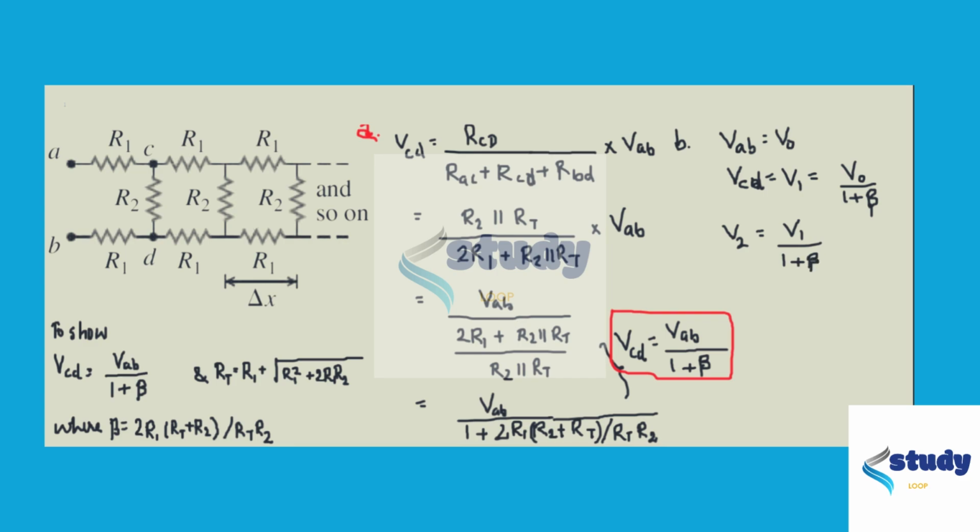V1 is again V naught upon 1 plus beta, so V2 is V naught upon 1 plus beta power 2. Look here: the subscript and the power of 1 plus beta match. So if you carry on, you get Vn equals V naught upon 1 plus beta power n.